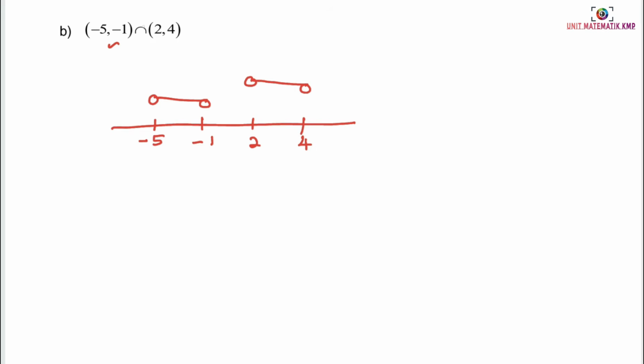Refer to the sign. The sign is intersection. What is the intersection? Intersection is the set of elements belonging to both intervals. From the line, any intersection?